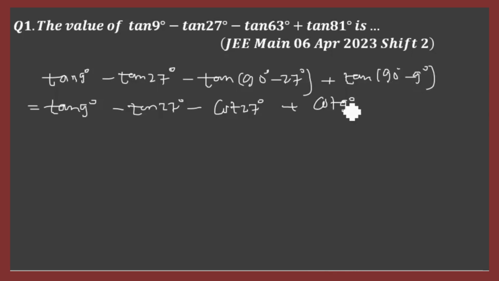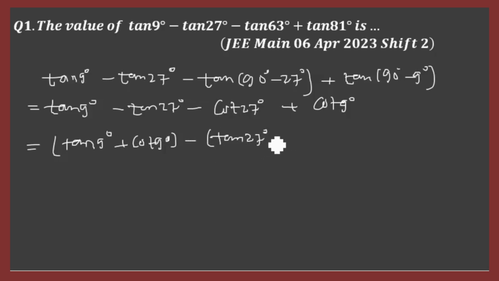Now I will combine the two results here: tan 9 degree plus cot 9 degree, and from these two I will take minus common, so this is tan 27 degree plus cot 27 degree.